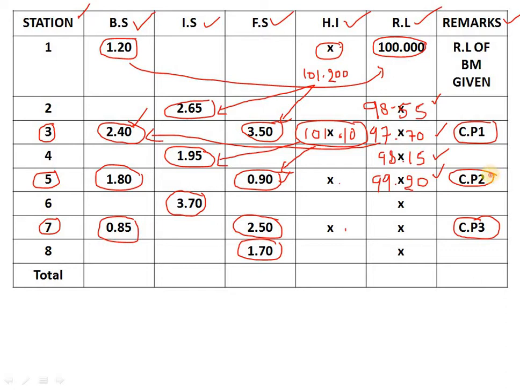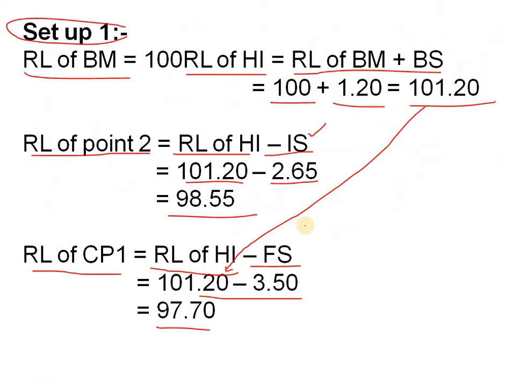We have got the change point 2 also. Now again we have to calculate the height of the instrument, at the 5th station point. To get the HI, we do the same formula, RL plus backsight. 99.20 plus 1.80, then we will get the height of the instrument at station 5.